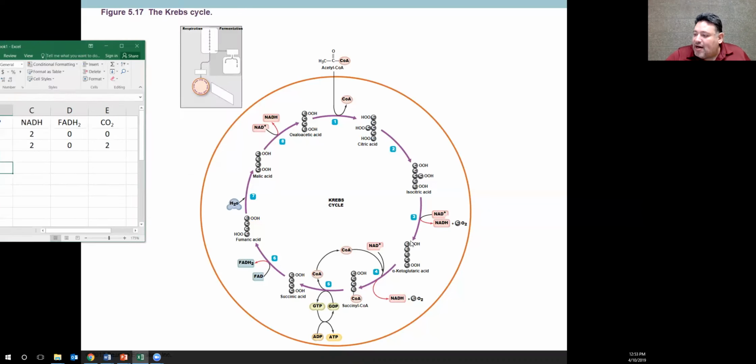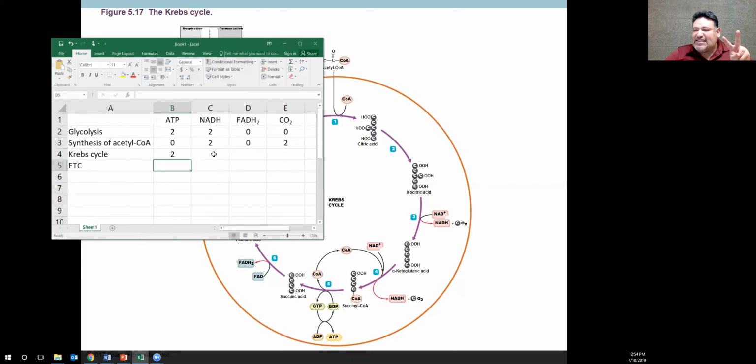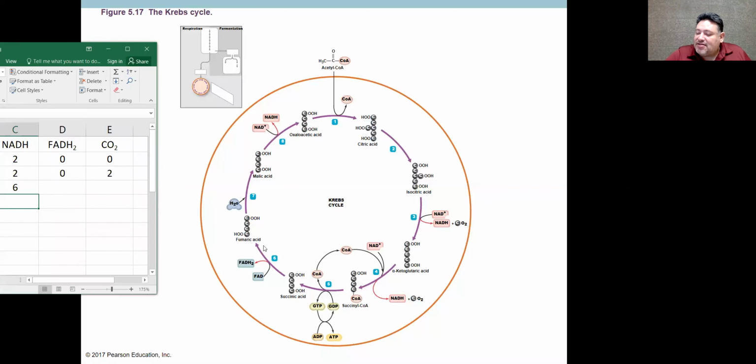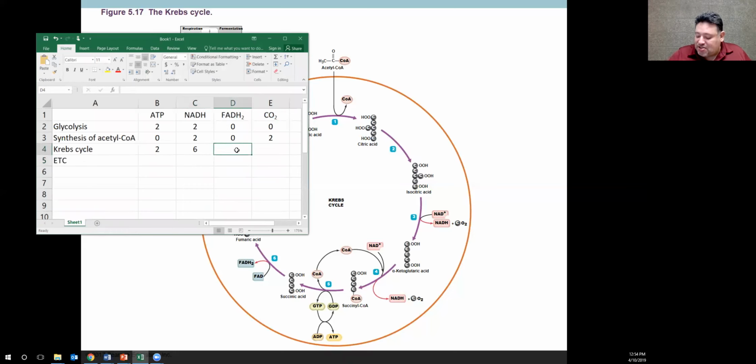Well, it's 1 here, 2 here, 3 here. That's 3 per cycle. We multiply times 2. That's 6 NADHs. That's incredible. And now we'll look at FADH. Here it is. Okay, FADH, 1 of them per cycle. Multiply times 2 per sugar. That gives us 2 per sugar.